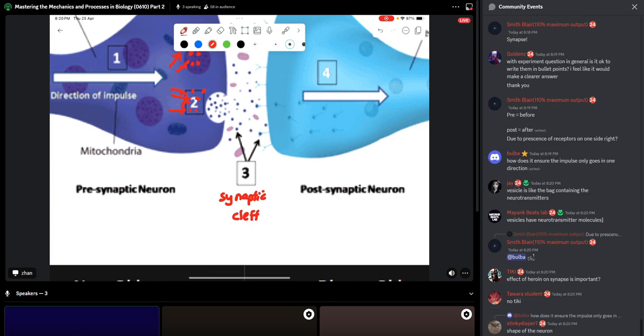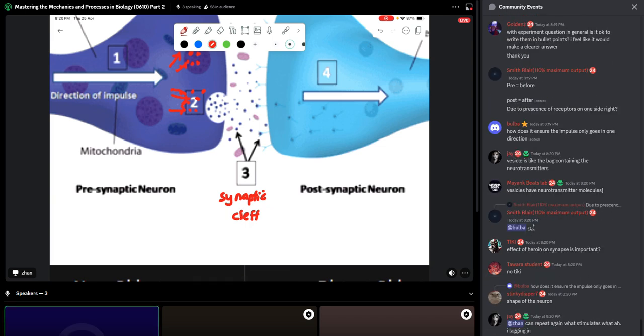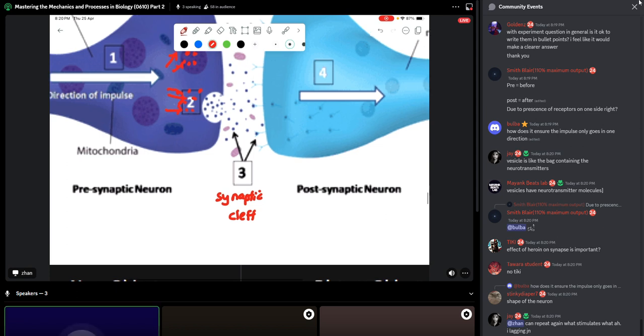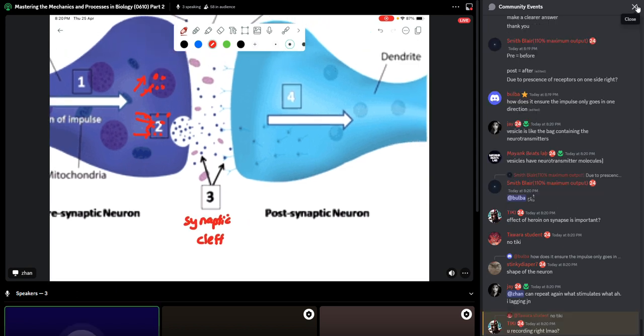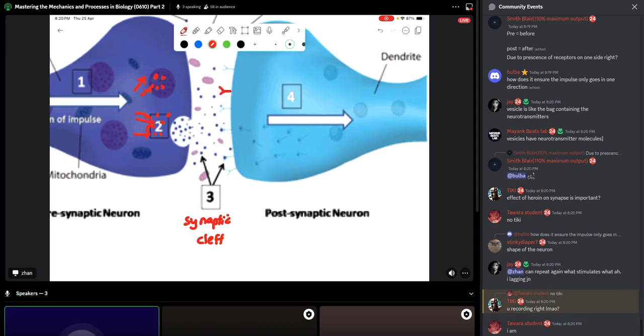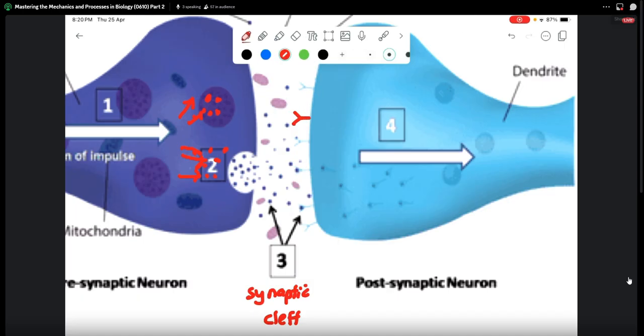They basically throw everything out into the synaptic cleft, and then they diffuse across the gap and attach to a receptor molecule, something like an antigen, but of course it's a receptor.